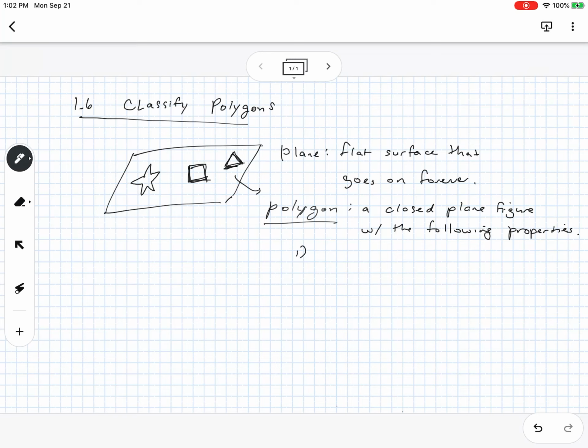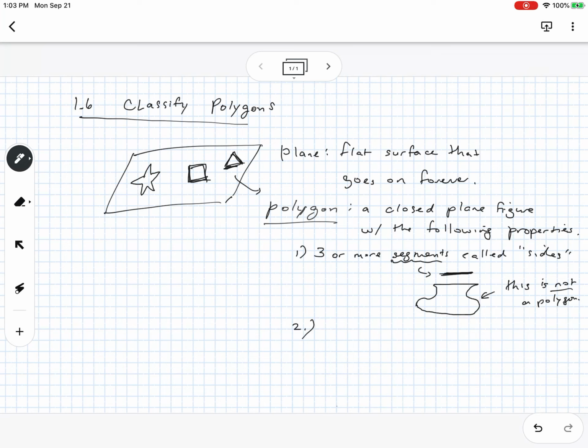The first property that it has to have is this: 3 or more line segments called sides. So notice if it's a segment, it has to be straight, right? So for example, if I were to draw something like this, whatever this is, we would say this is not a polygon, because it doesn't have straight line segments for its sides.